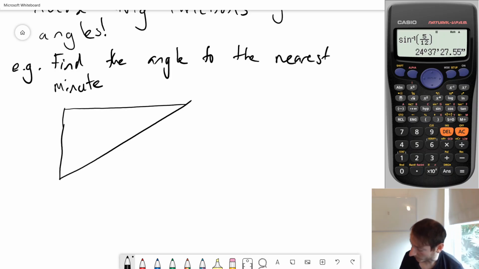Right angled, of course. So theta, let's say this one is 16 and this one looks quite a bit longer. Let's say it's 28.